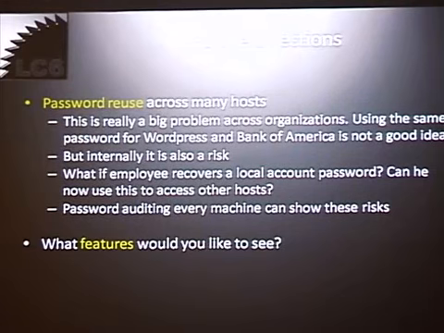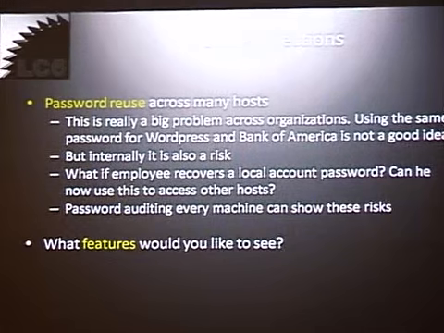And people use local accounts for this stuff. And so there's a risk there if you're using local accounts with reused passwords. That's a risk in your organization, and it's a hidden risk because no one really knows what the other IT guy did one day when he installed this. It just sort of works.